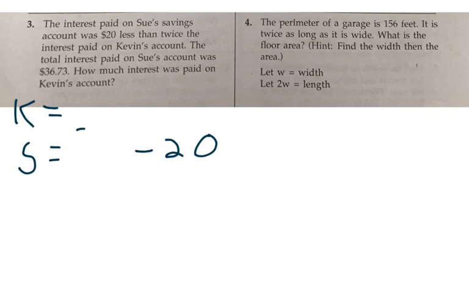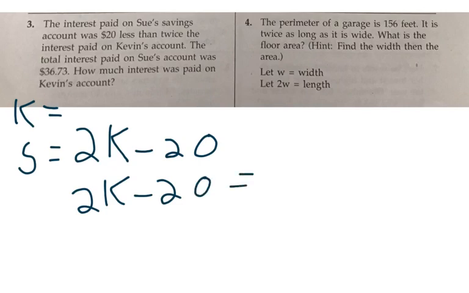So we're going to say 2K, and I'm just going to use the letter K for Kevin. Then it says the total interest paid on Sue's account was $36.73. So we're going to make this 2K minus 20 equal to Sue's interest, and we're going to do that to figure out what Kevin's interest is.